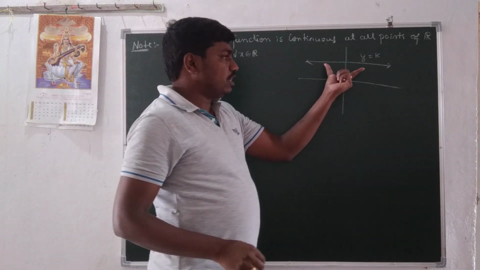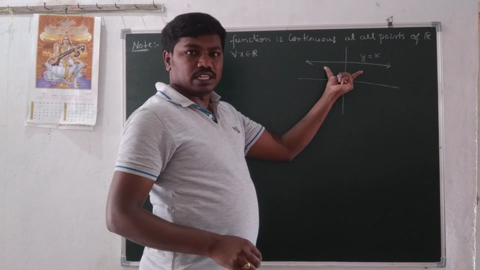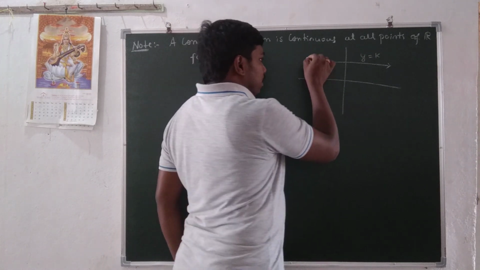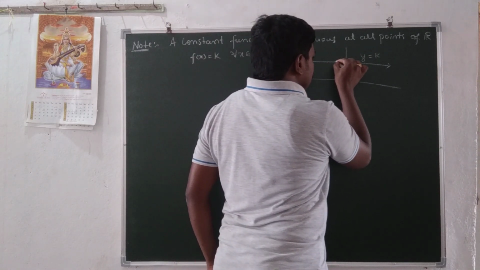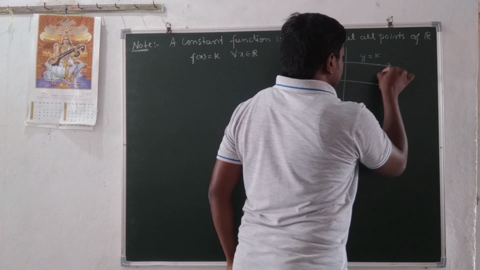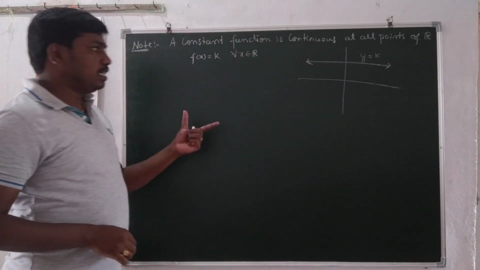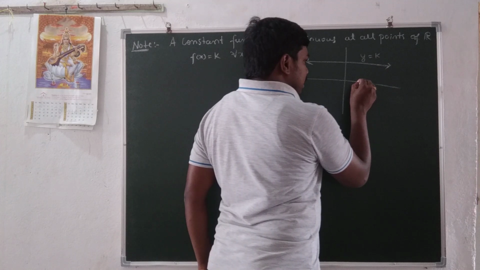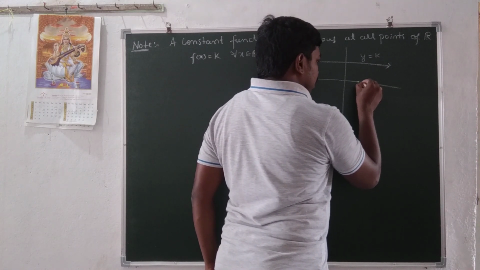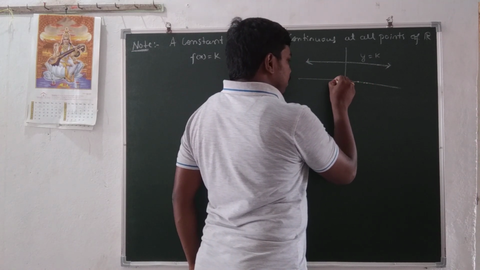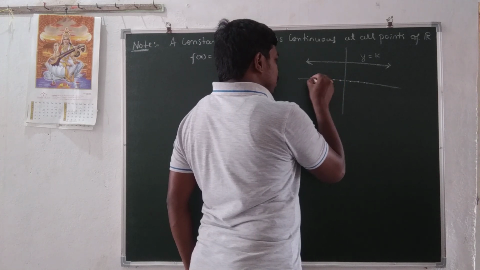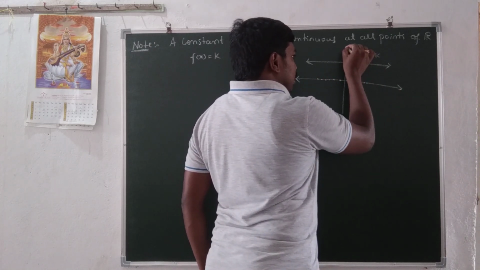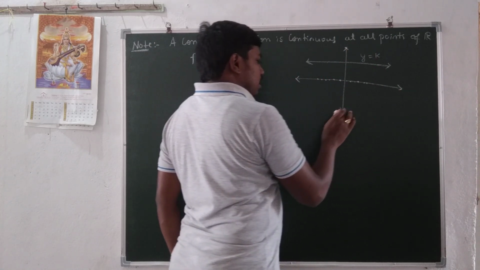So this is the constant function's graph. It never ends, there is no breakage in the graph of the function. Therefore it is a continuous function at each and every point on real numbers.